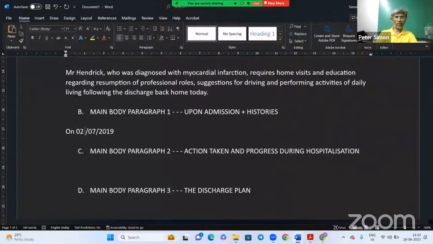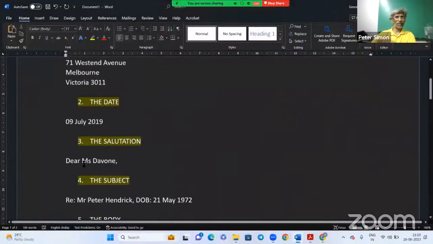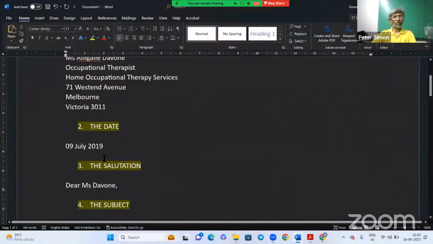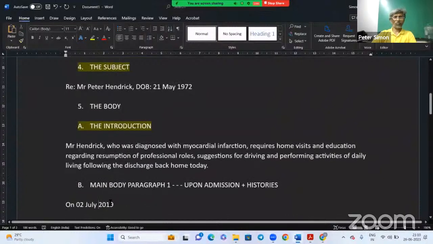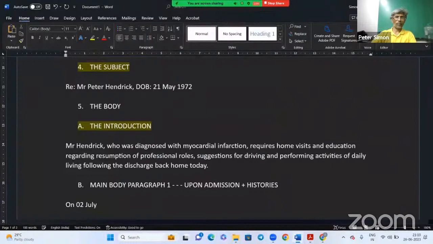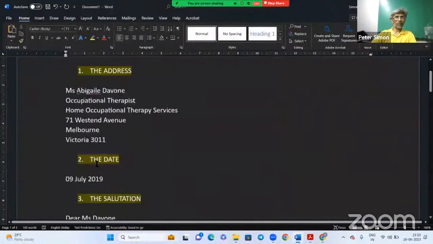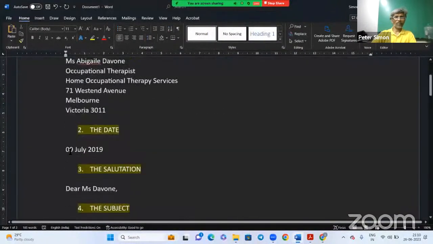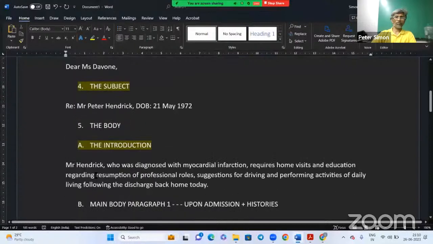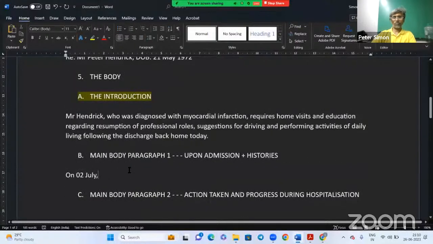Here is the same as we have written. Is it 2019? Yeah, same. So no need to write here again. Just write 2nd July. So 2nd July to 9th July, he was there for 1 week in the hospital. So just write on 2nd July.